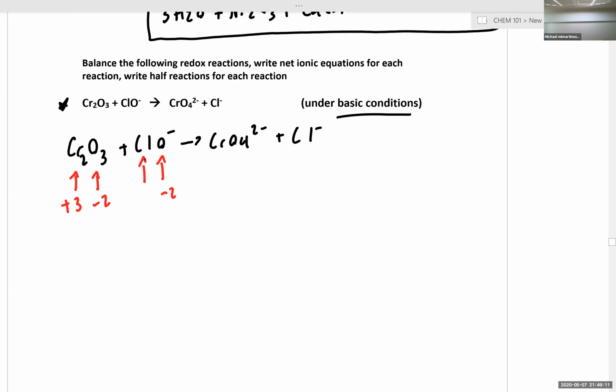Would someone like to volunteer? When you calculated the oxidation number of chlorine in hypochlorite, what oxidation number did you get? We've actually seen hypochlorite before, but let's propose, what is the oxidation number of chlorine in hypochlorite?